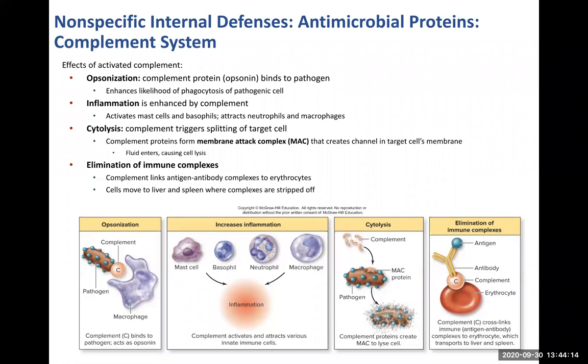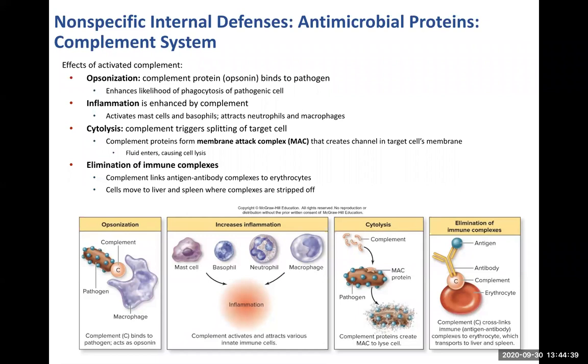The MAC is essentially a large pore or channel that is inserted into the membrane of the target cell, and it causes that cell to lyse, because water will rush into the cell when the MAC is created, and that target cell will essentially explode.